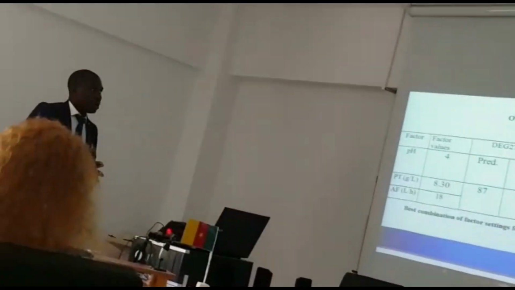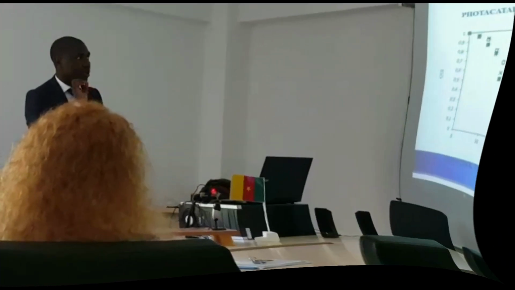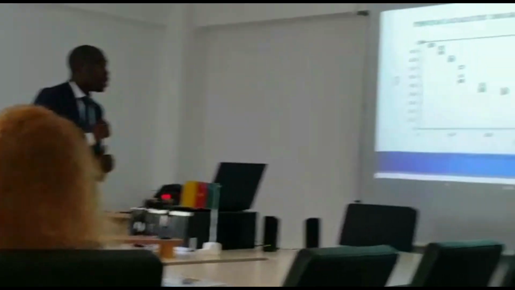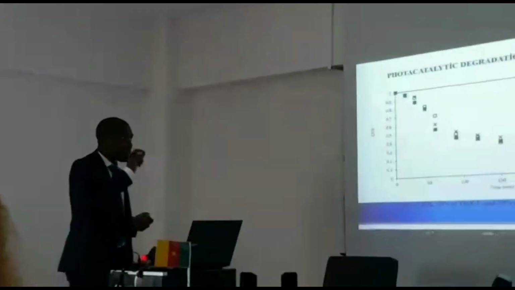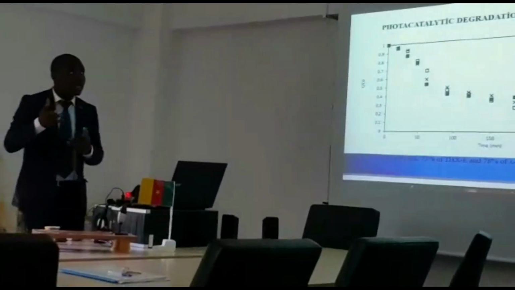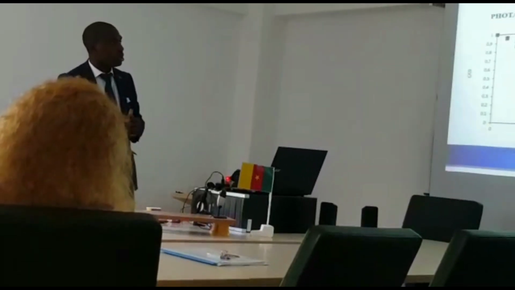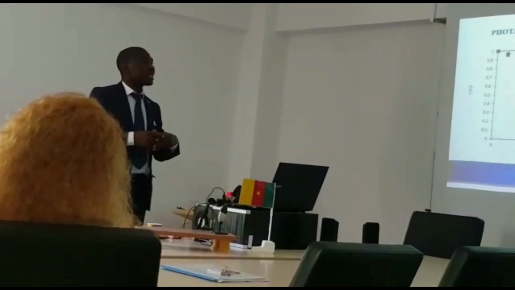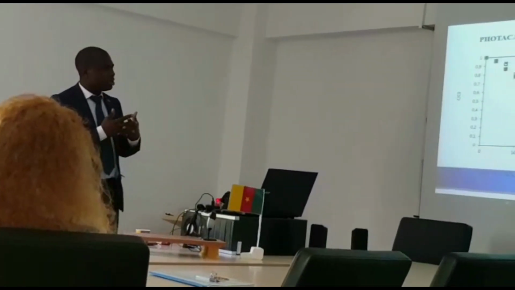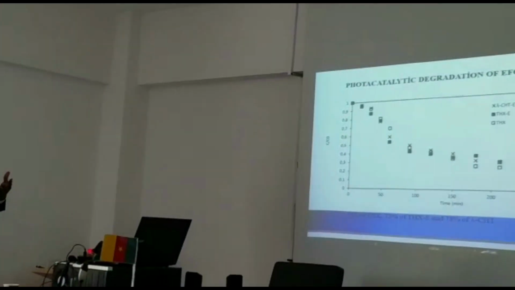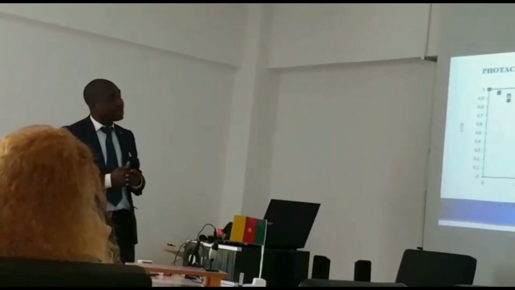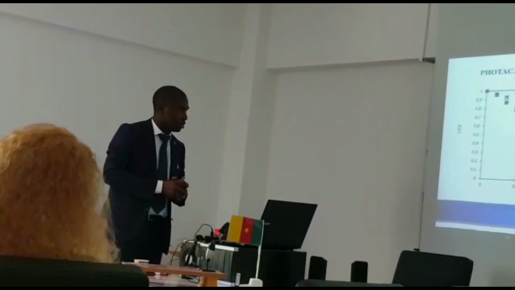By using our pesticide Euphoria, here we check the degradation of thiamethoxam in Euphoria. And because Euphoria contains two active molecules, with lambda cyhalothrin, we also tried to see the decrease of lambda cyhalothrin concentration.